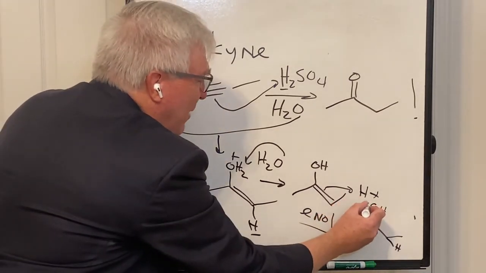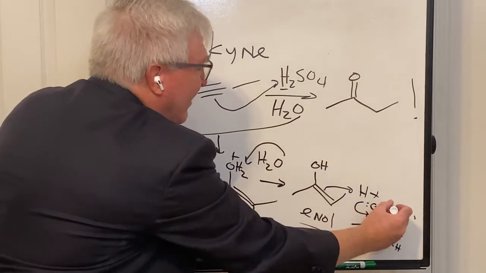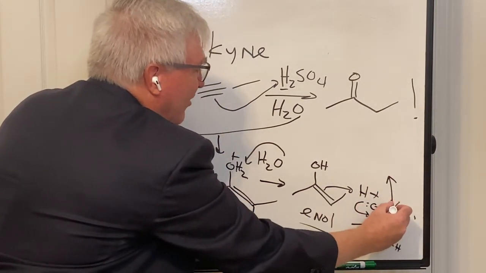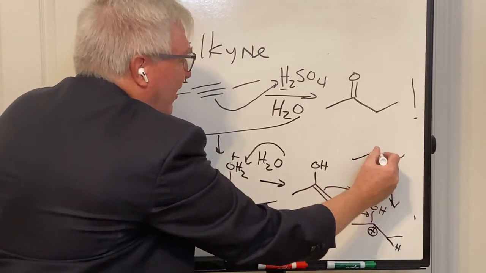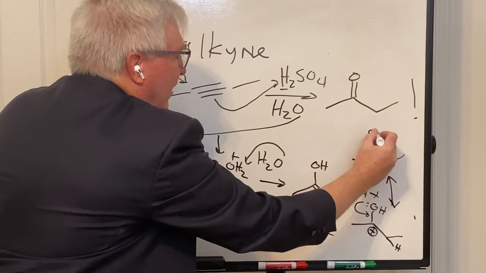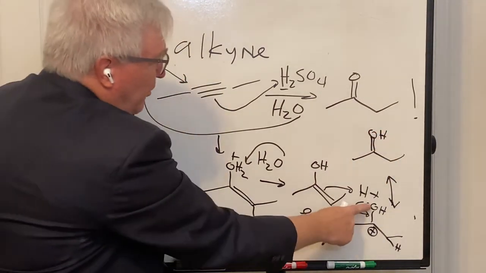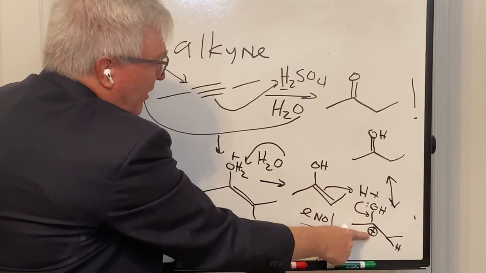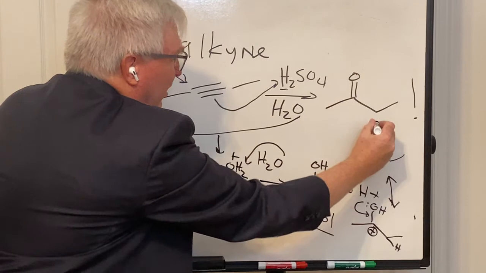And notice we have a lone pair here on the alcohol that can come down. In fact, this is actually a resonance structure where we can just bring those electrons down and form this, right? We're just moving this pair of electrons down to neutralize the carbocation right now. And now you need a plus charge right there.